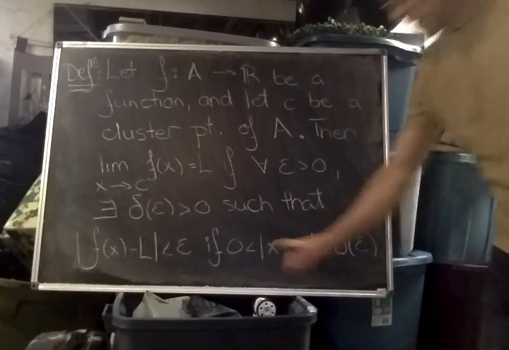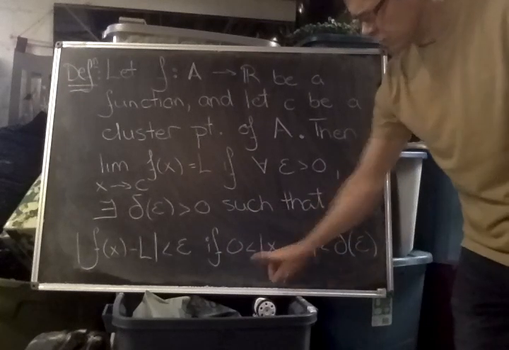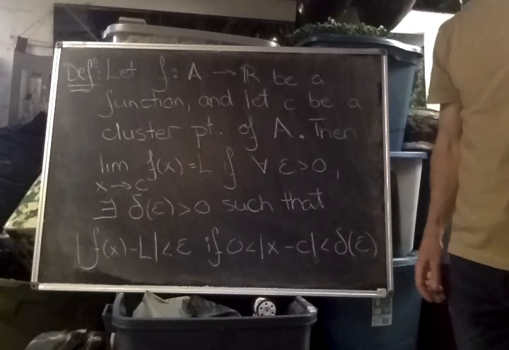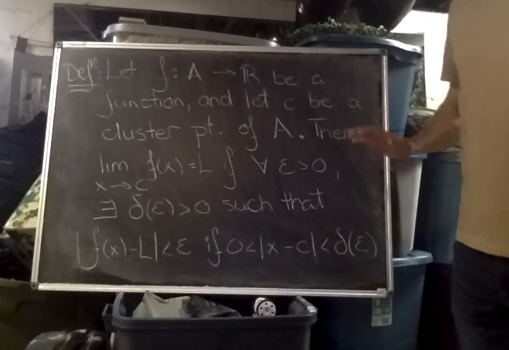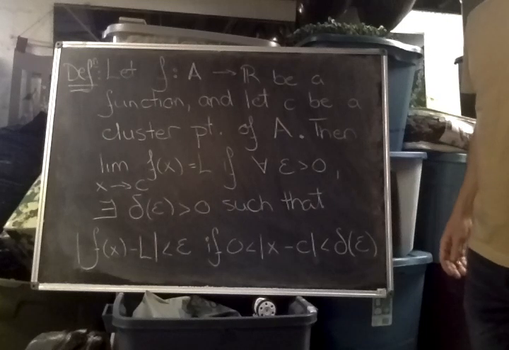Okay, so you should really think of that as an afterthought. That's kind of the thing that everyone forgets and then gets 4.5 out of 5 when I ask you to give the definition of the limit as x approaches c of f of x is equal to L.